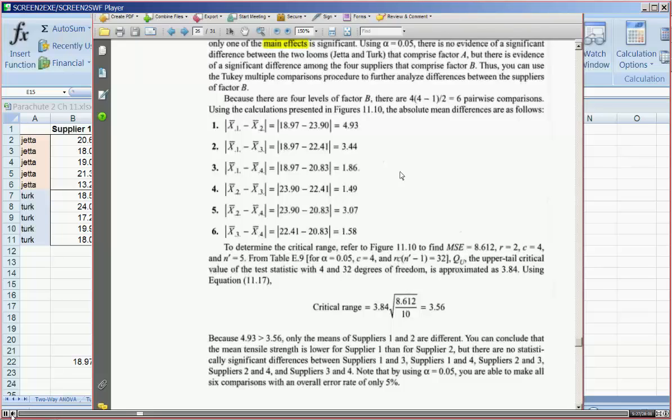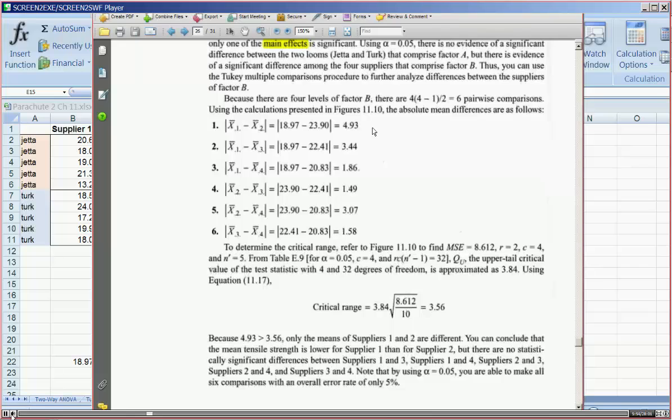We're going to see the difference between the PHStat2 procedure and the file designed for us by the authors of the book. And finally, we're going to use SPSS to see how the different types of software operate when we need to run the comparison.